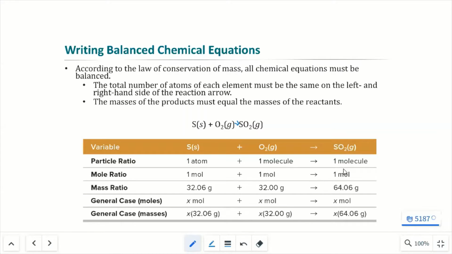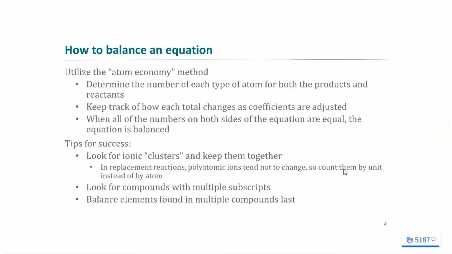Now, the task in front of us is how to actually go about balancing those equations. Hopefully your skill builder yesterday helped to ferret out some of these details. But if you're still struggling with the concept, let me offer a few things that might help. First of all, there is a methodology that we can use, especially when we are just getting started.